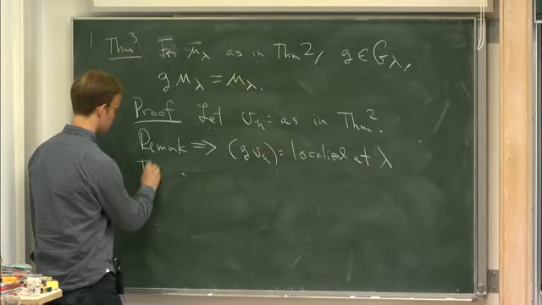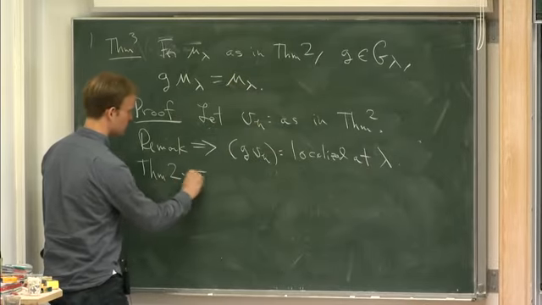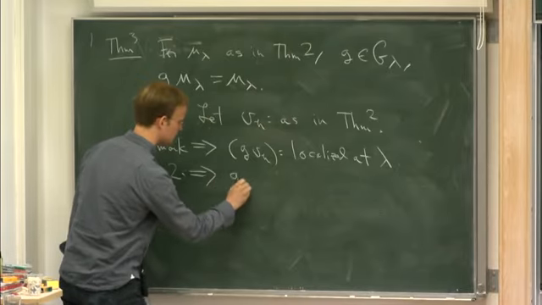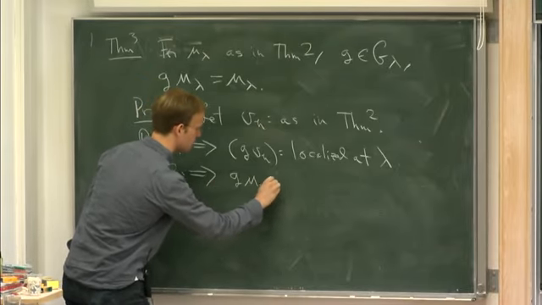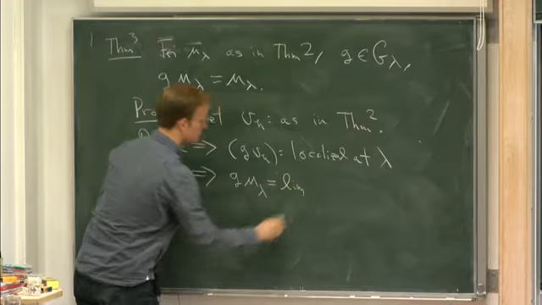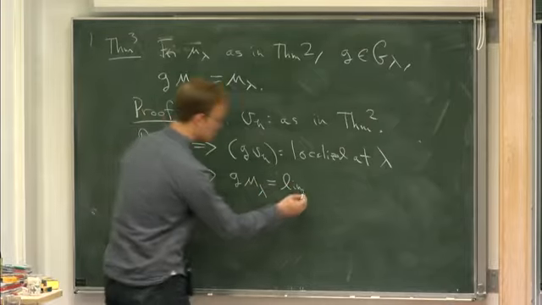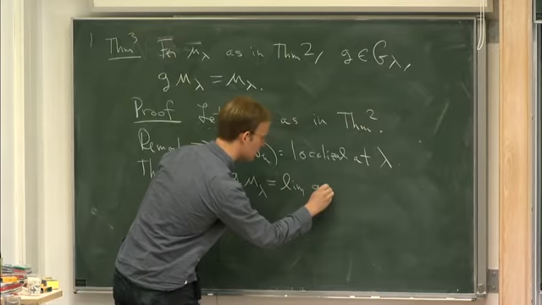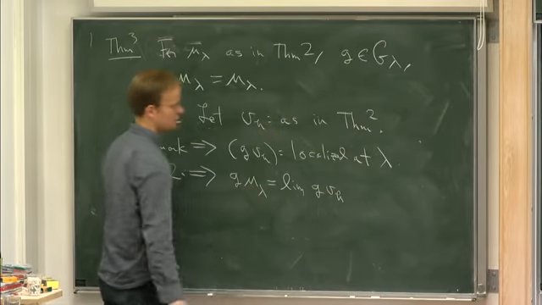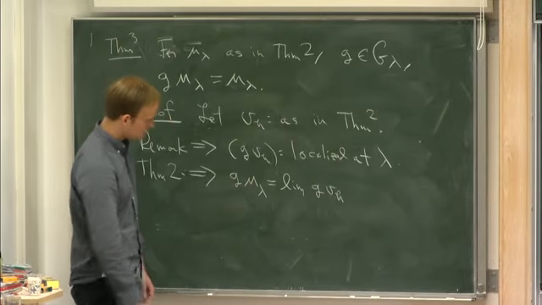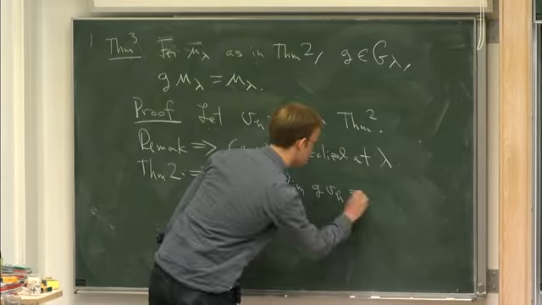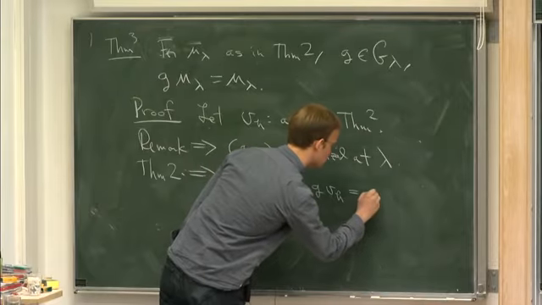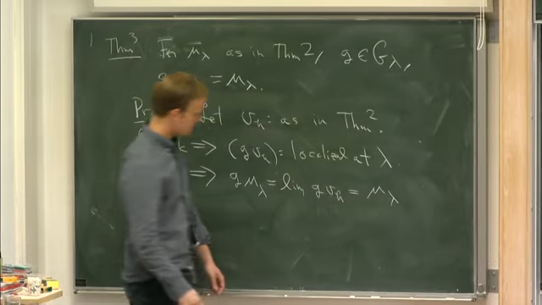And so then Theorem 2 implies that g mu lambda, well, it's by definition equal to the limit of the GVHs. And this will equal mu lambda again.